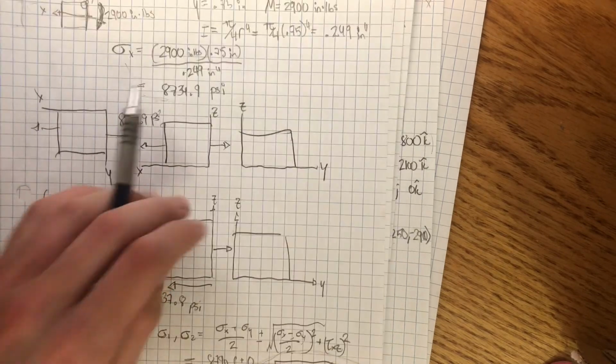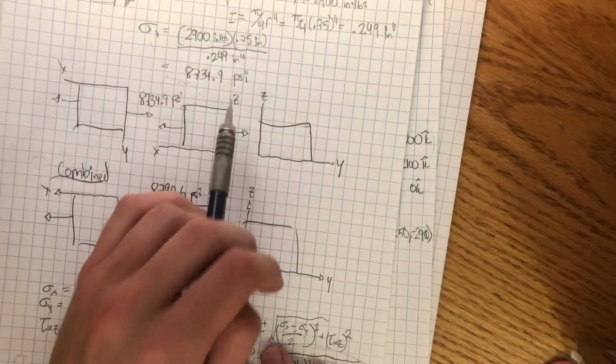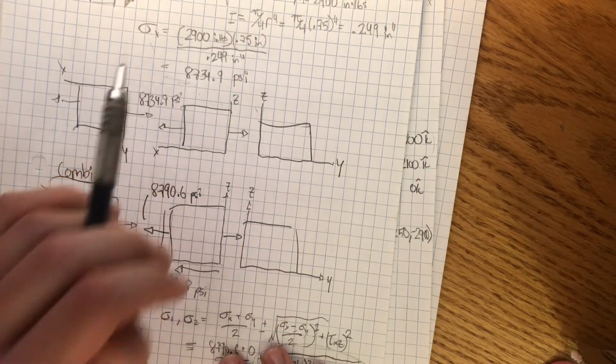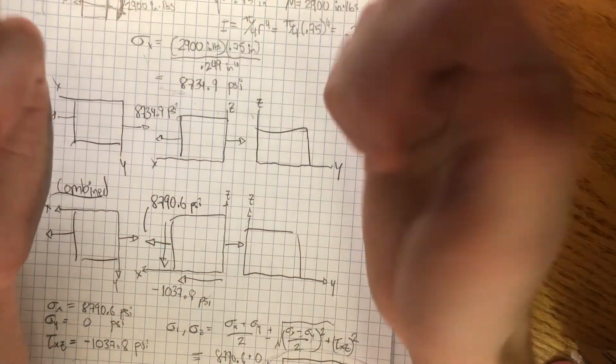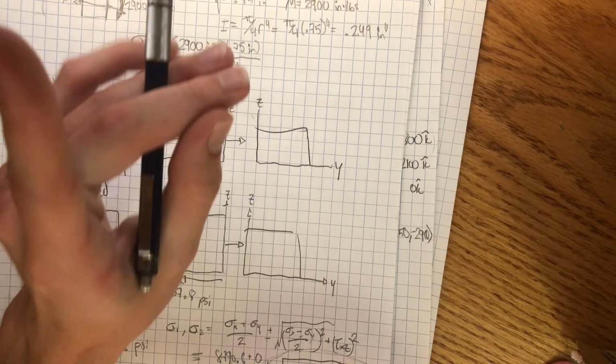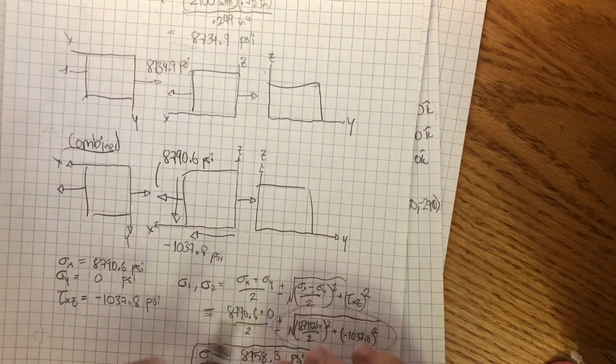So we were able to calculate it using the previously mentioned formula, and we found 8734, and we knew it was acting in the x direction because of the way that the pipe would bend like this. It would create a tension or a compression, potentially. But here it says tension, so we'll call it tension.